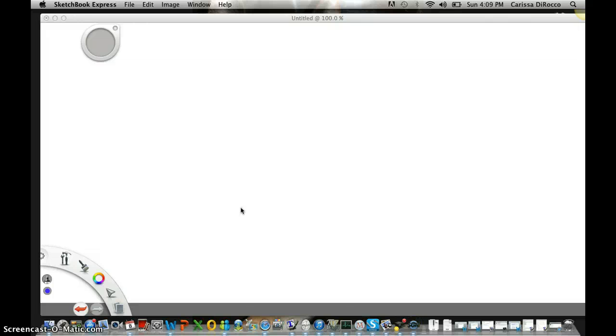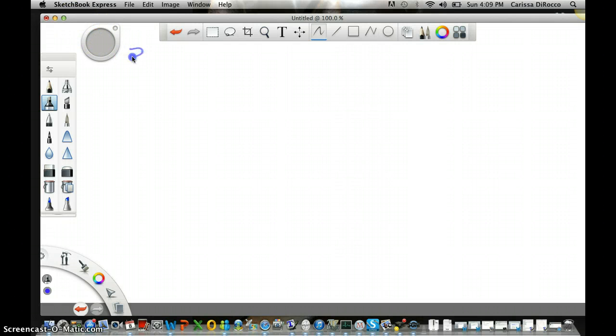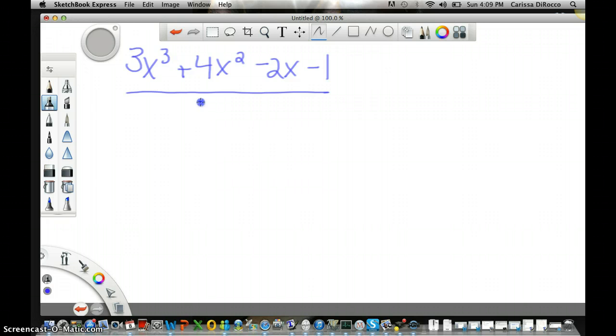So today I'm going to show you how to use synthetic division when dividing a polynomial such as 3x cubed plus 4x squared minus 2x minus 1 divided by x plus 4.